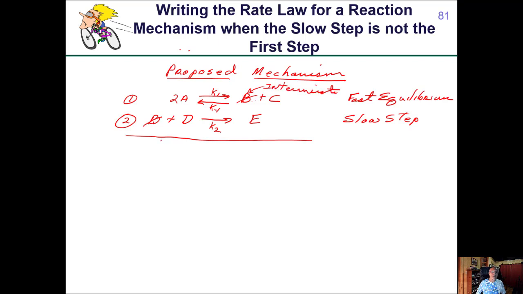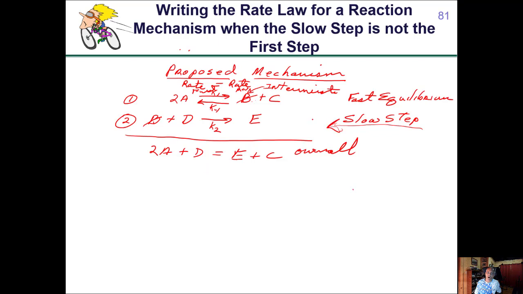If we add these up, we get 2A plus D is equal to E plus C. So here is our overall reaction for this particular mechanism. We want to write the rate law based on the slow step, but we notice that B is an intermediate, and as an intermediate, it can't be in the rate law.